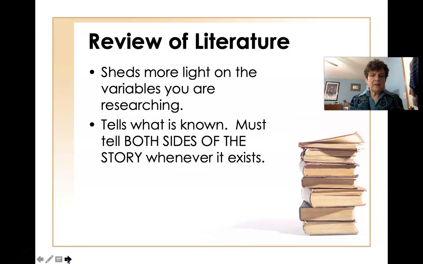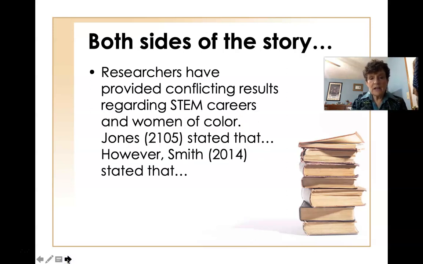So a review of literature really just sheds more light on the variables that you are researching and gives you more information that you need. And it should also tell both sides of what is known. You have to tell both sides of the story, the things that support your thesis or your hypothesis, and things that may contradict it. So here's an example.